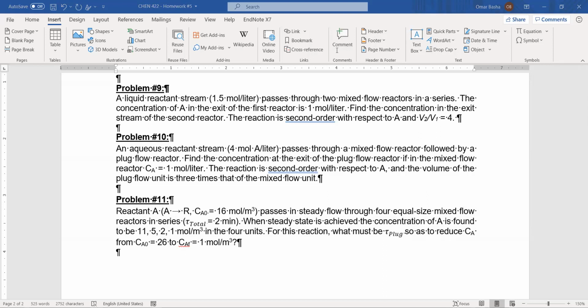And this relates to what we talked about in the slides, and we talked about this in the previous homework solution. I think this is 14. In the previous homework solution, basically you need to relate the equation for CSTRs in series to the equation for a PFR, right?